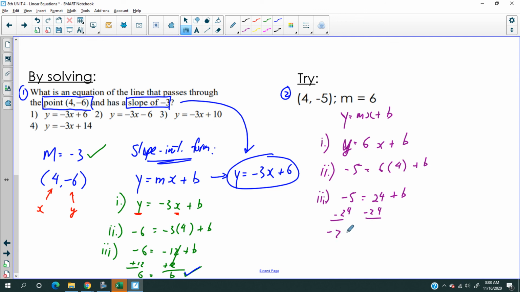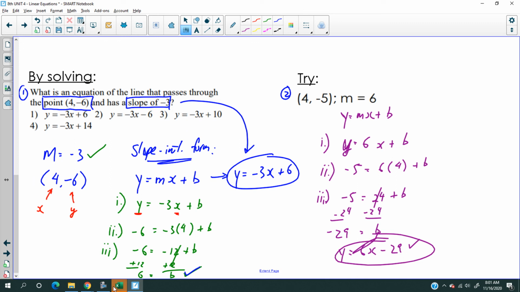So that's -29 equals B. Wow, that's a very big y-intercept. So let's see, y equals 6x minus 29. And that's how you do it. Oops. The computer is really glitchy today. All right, 6x minus 29.